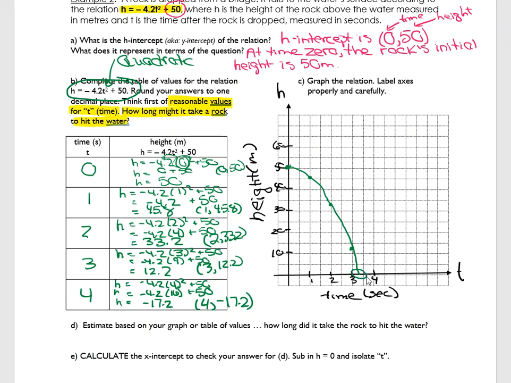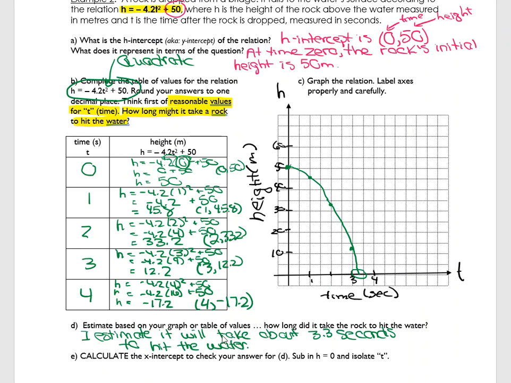And this point right here is going to tell us how long it took the rock to hit the water. So using your graph, what do you think that is? If I look at my graph, I would say it's about 3.3 seconds. So that's going to be my estimate. I estimate it will take about 3.3 seconds to hit the water.